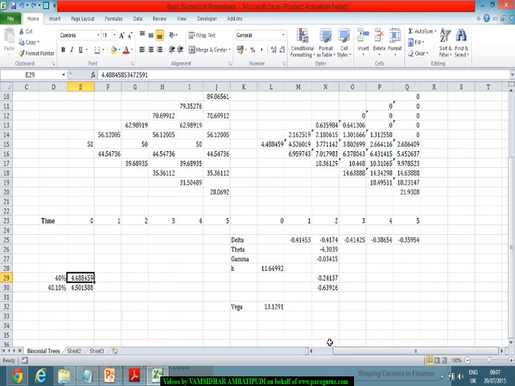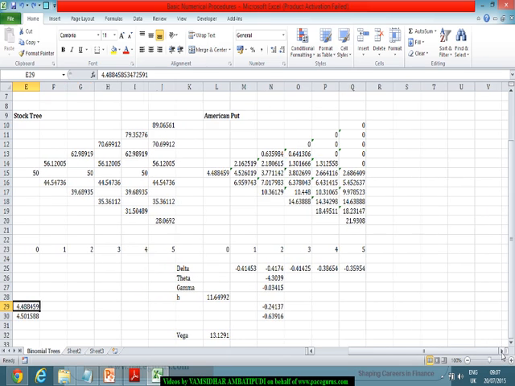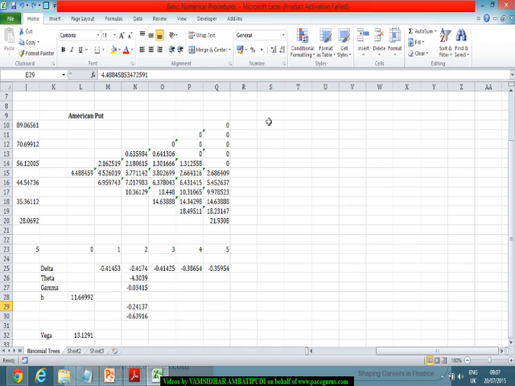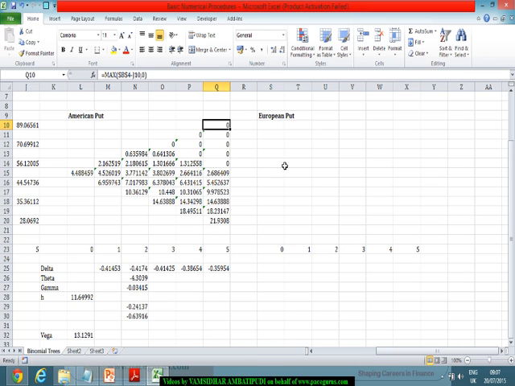Now for the same example, I'll find the price of a European put. All I have to do is, I don't need to compare at the previous stages. So these things for the last, I'll keep them as they are.